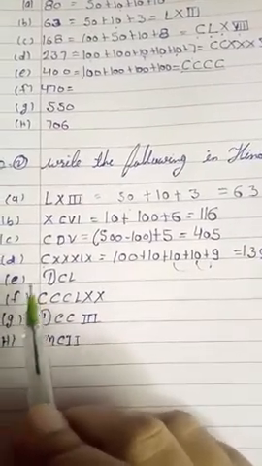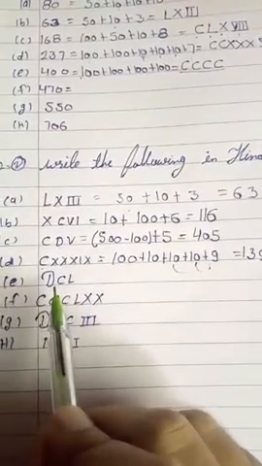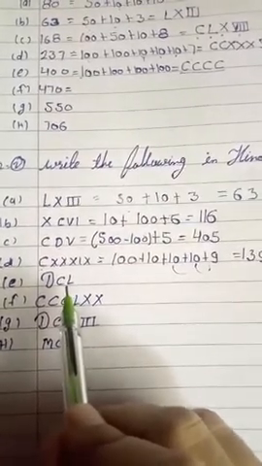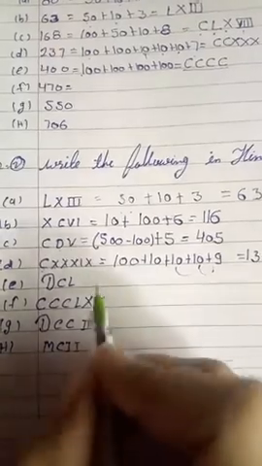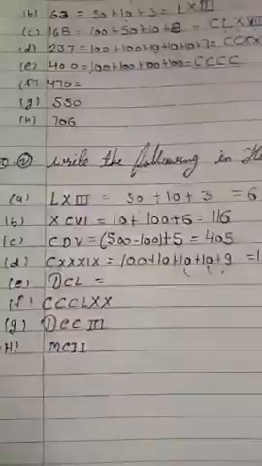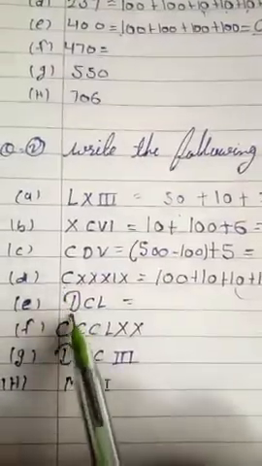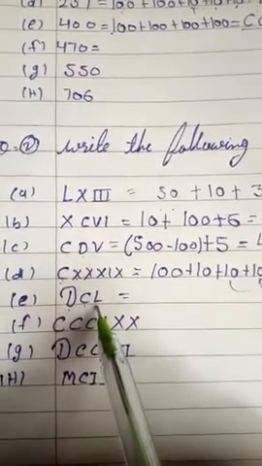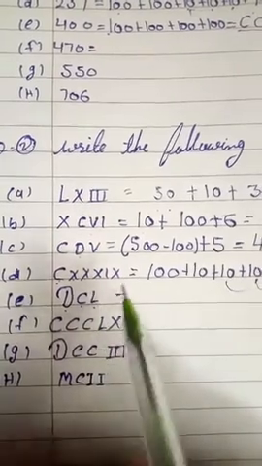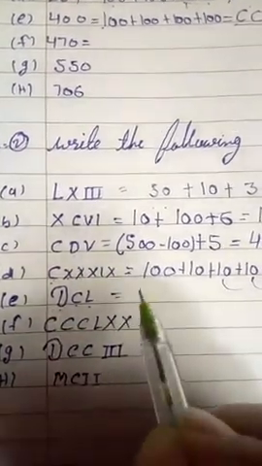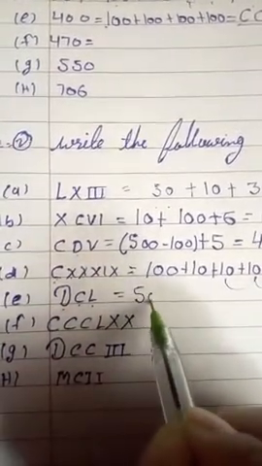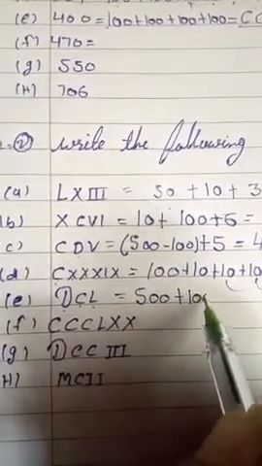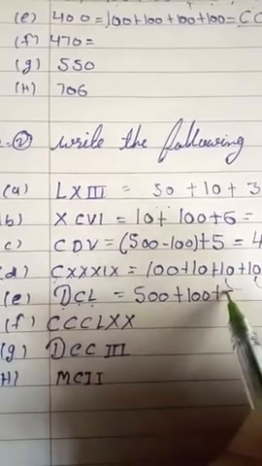Okay, next E, D, C, L. This is the larger number, then smaller, and then smaller. So add the numbers.